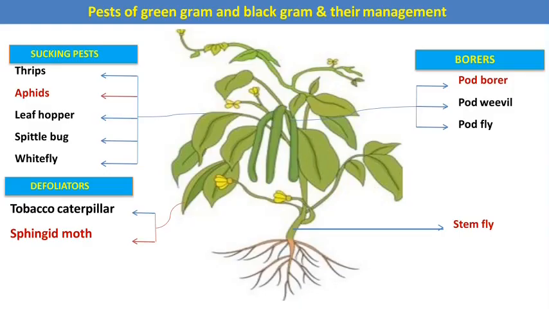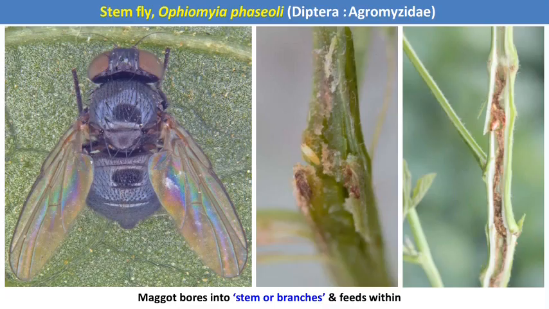The next one is pests of green gram and black gram. Here the major pest of green gram, black gram, or soybean also, is the stem fly. It is a fly, hence the order is Diptera. A pest under the order Diptera has 4 life stages: egg, larva, pupa, and adult.